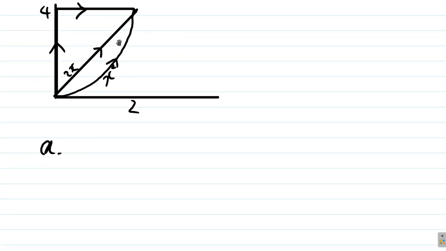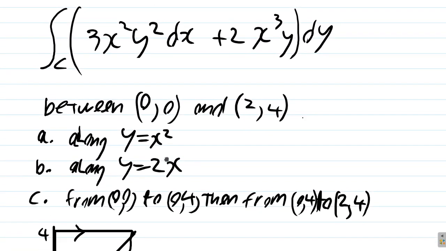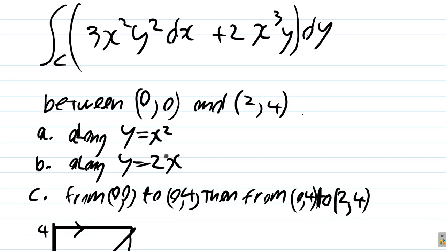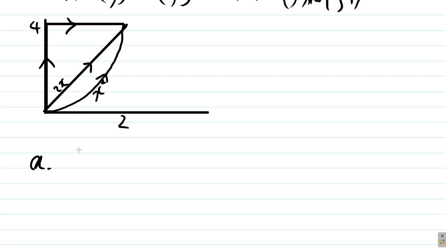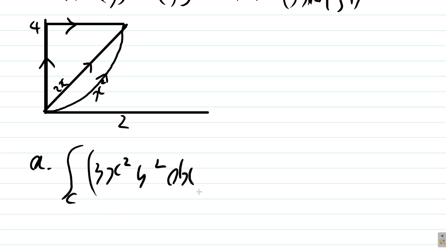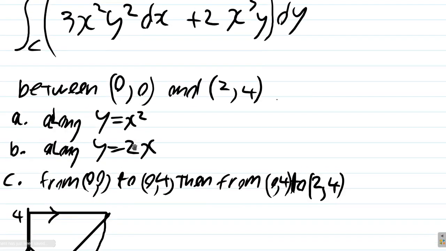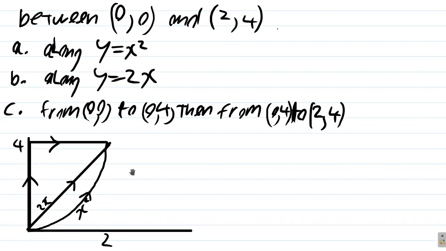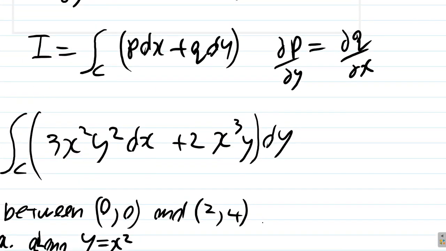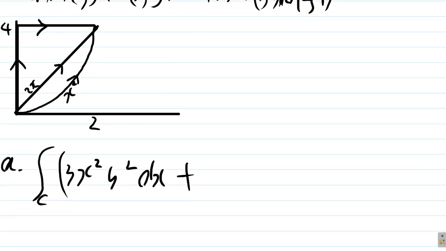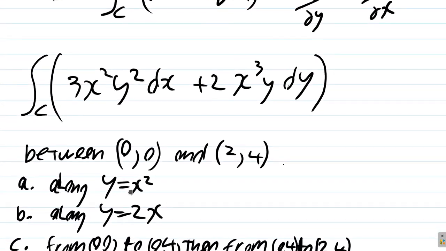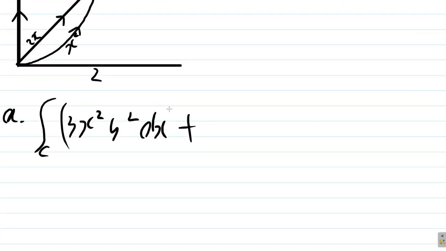Part A. Now here you see the integral along the curve of 3x squared y squared dx plus 2x cubed y, this bracket should be put around the dy, 2x cubed y dy.